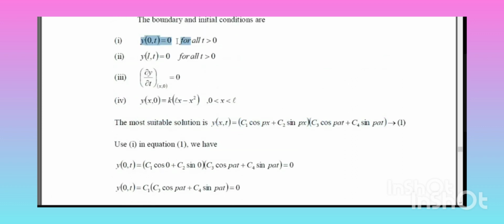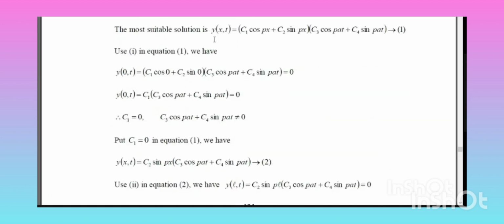For x you have to apply 0. So where is x in this suitable solution? You have to apply 0. So for x = 0, y(0, t) = (c1 cos 0 + c2 sin 0)(c3 cos pat + c4 sin pat) = 0.